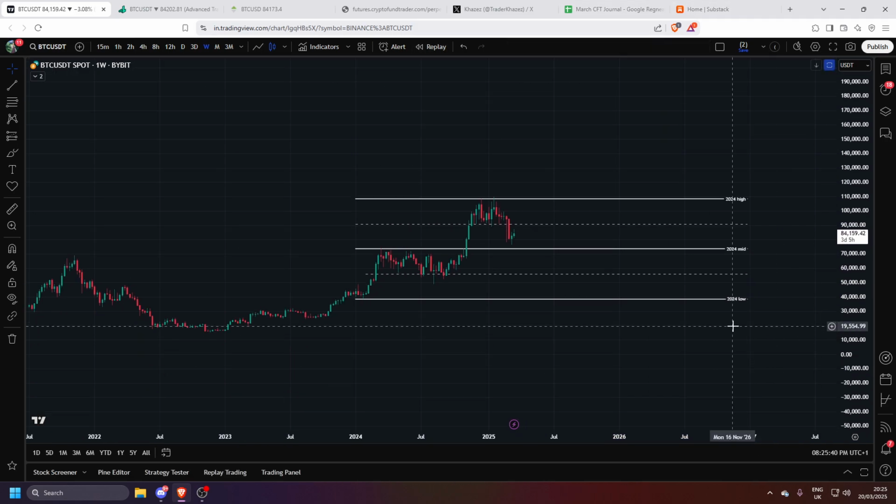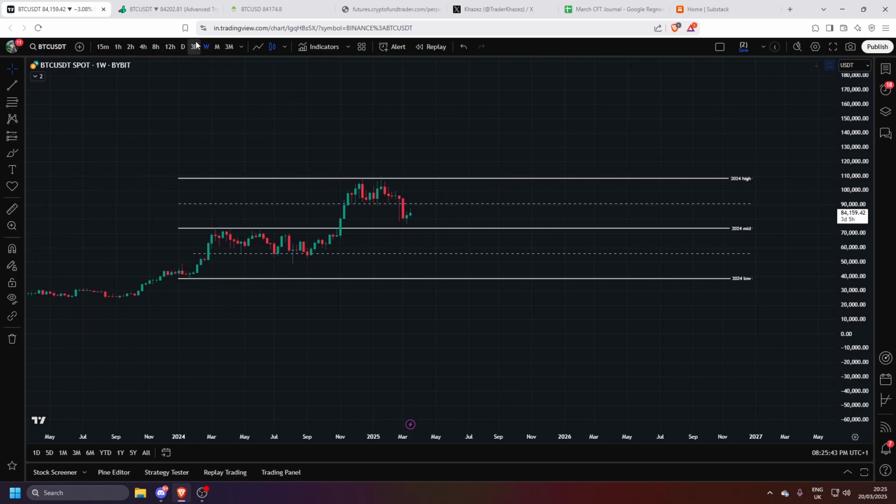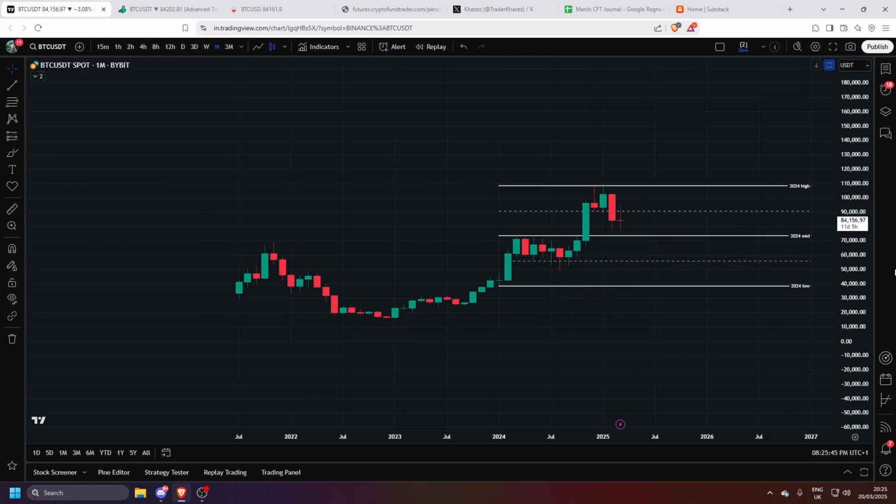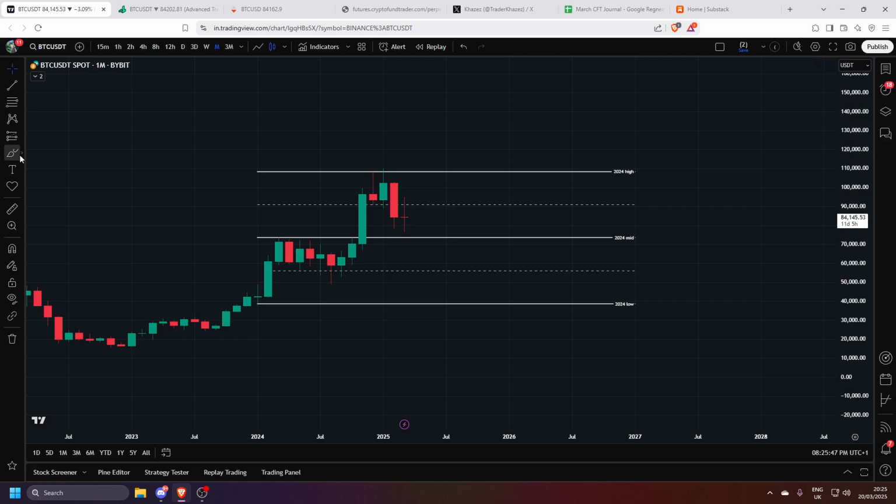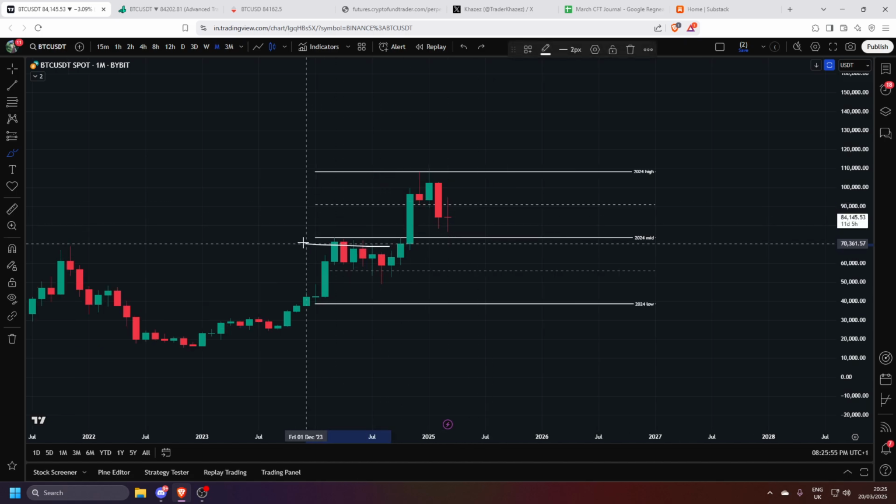Okay, so now we have our final range here. But then again, on the monthly, as you see, price did respect the mid level, even though this mid level wasn't technically formed, but we can say that it has respected it previously, and then we broke above it, and we still haven't retested it yet.